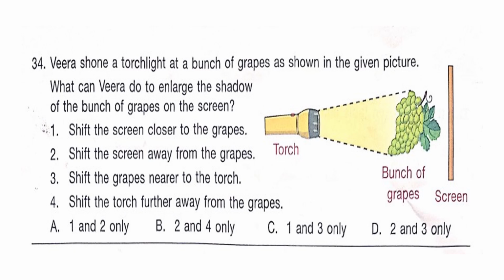Shift the grapes nearer to the torch. Statement 4. Shift the torch further away from the grapes. Statements 2 and 3 are correct as they will increase the distance between the screen and the bunch of grapes, and the shadow of the bunch will enlarge. So answer is option D, 2 and 3.